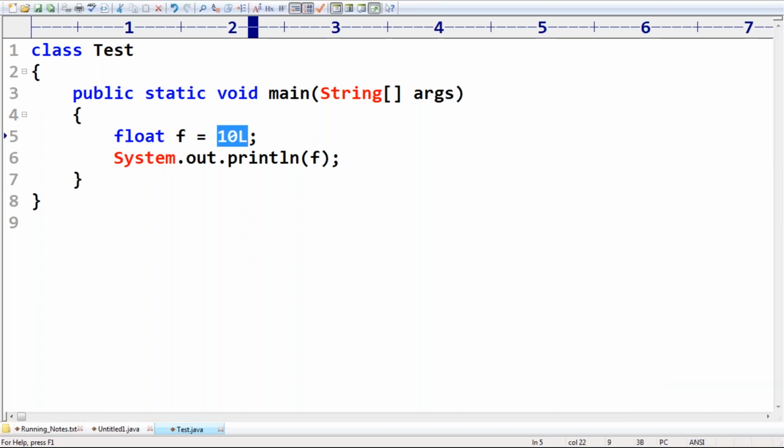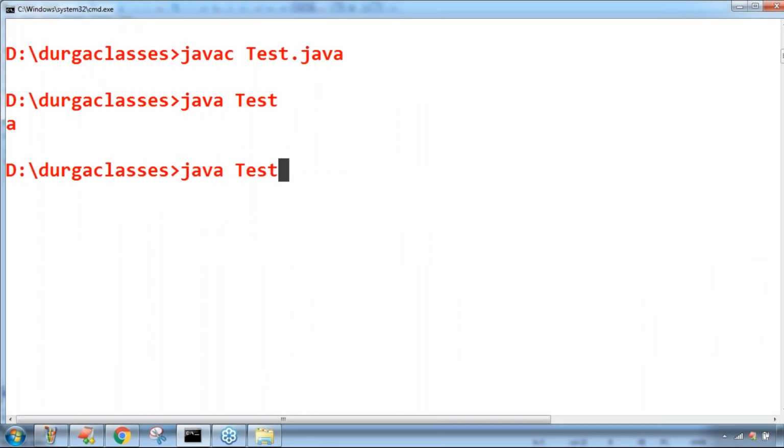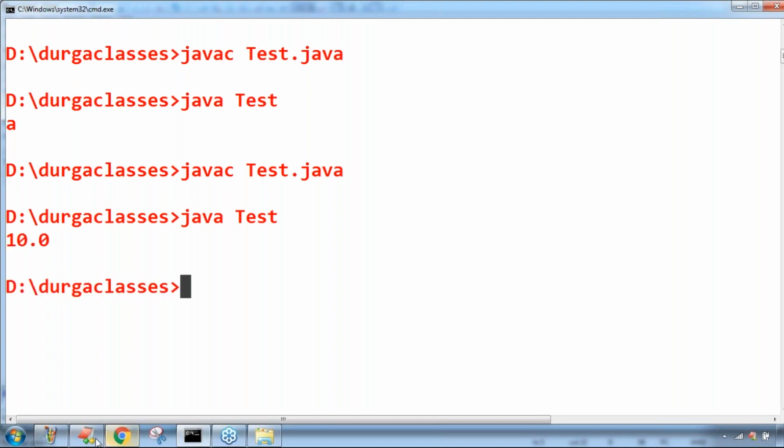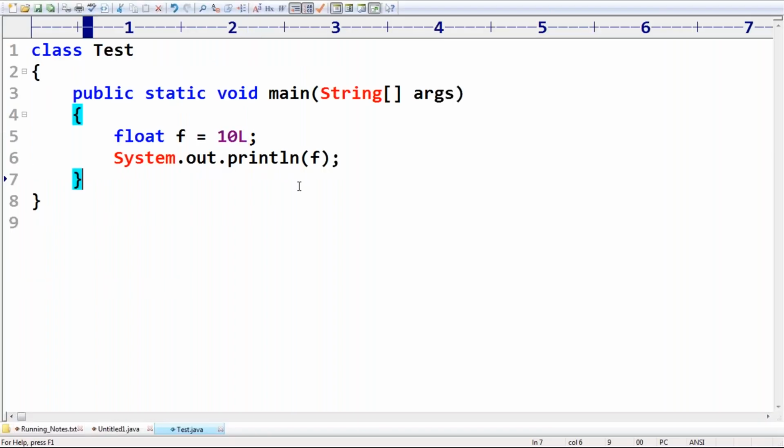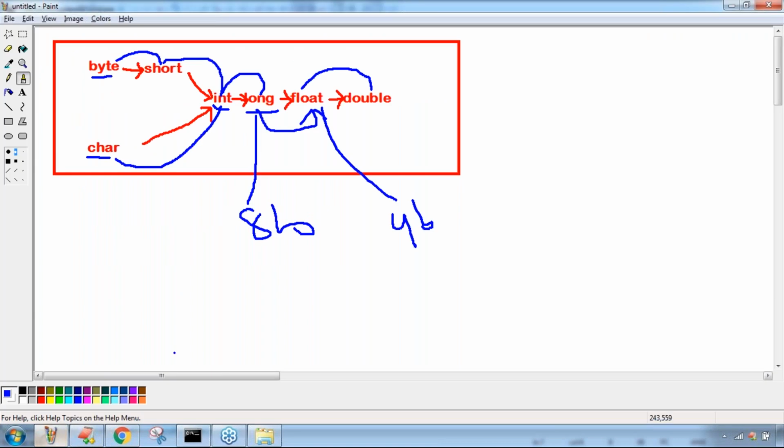No issue, perfectly valid. The value we get here is 10.0, a float. What is the reason for that? The reason is very simple. Other people also have this doubt. Are you getting the doubt?